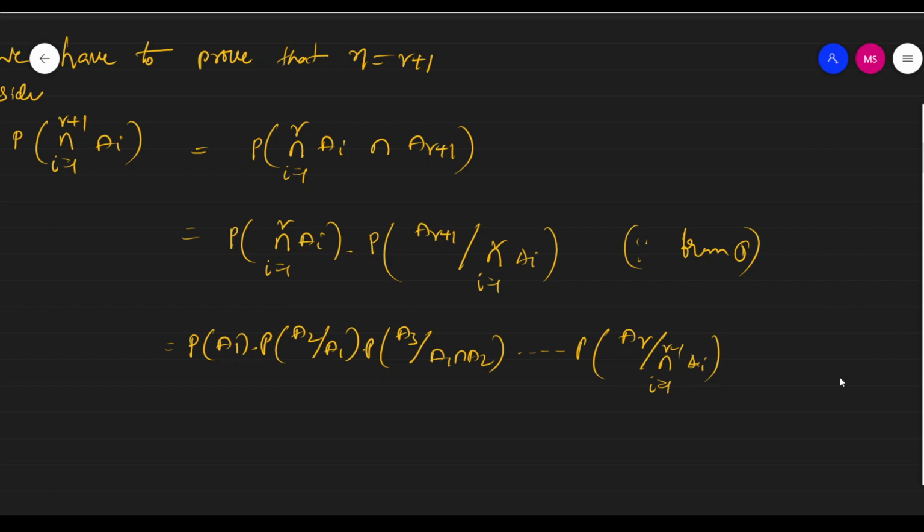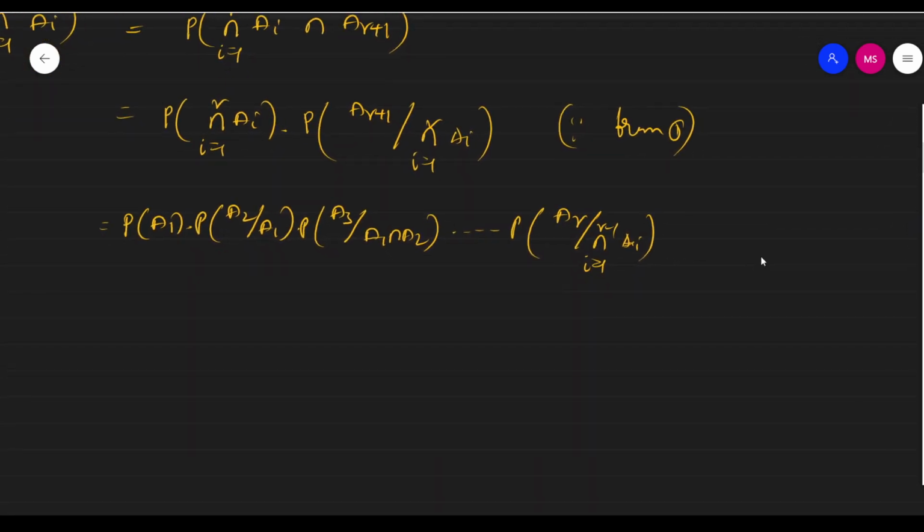This is the expansion. The next term is P of A(r plus 1) given the intersection of Ai, i running from 1 to r. This is the last term.